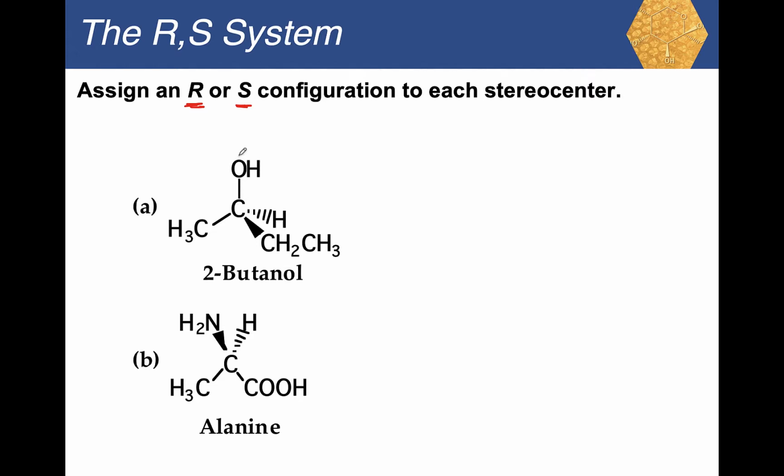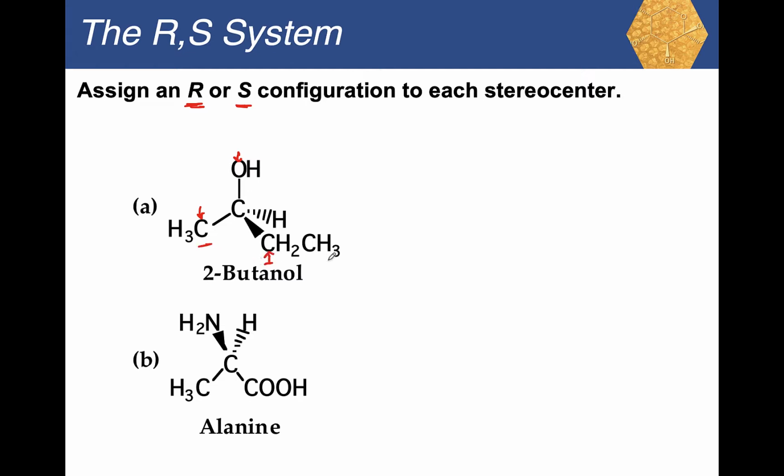This is oxygen, so look at your periodic table, determine the atomic number of oxygen. You'll see that it's 8. This is carbon, look at your periodic table, determine the atomic number, and you will see that it's 6. Look at this one, this is carbon, you'll see that it's 6. So we'll have to make a decision between this carbon and this carbon.